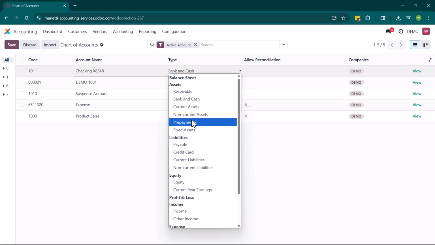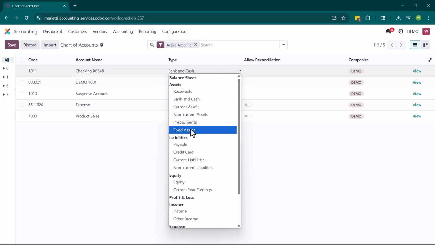The portion that I prepaid is going to sit in a prepayments account if we are running accrual-based financials. Fixed assets are going to be things like property, plant, and equipment, vehicles, land, buildings, machinery, stuff like that. So those are the types of assets that Odoo gives us access to here.